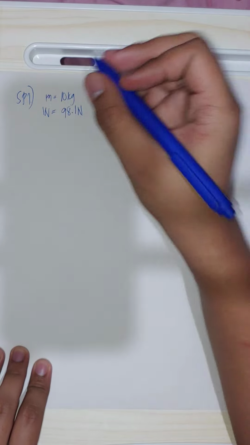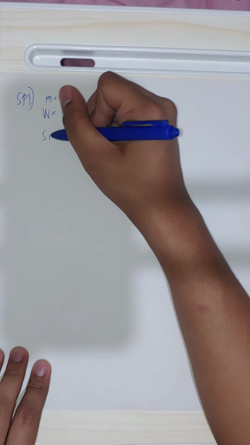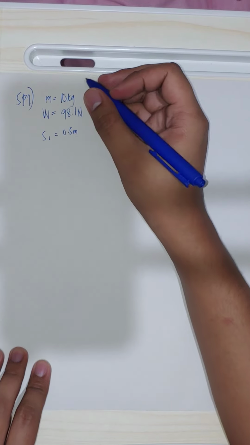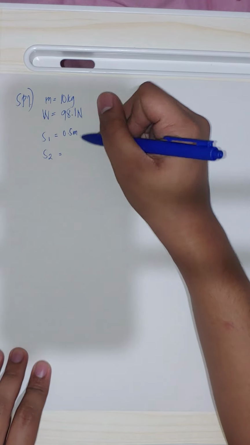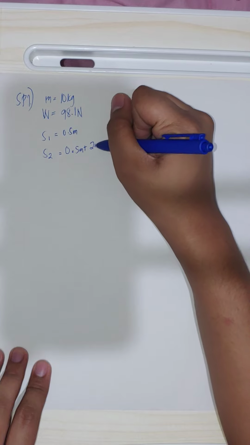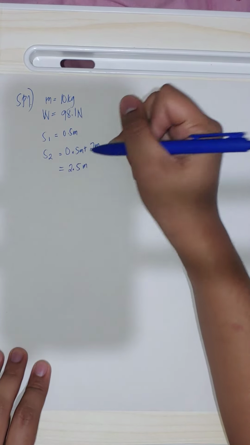Our original stretch, let's call it S1, is 0.5 meters. And the final stretch, S2, is 0.5 meters plus 2 meters, or equal to 2.5 meters.